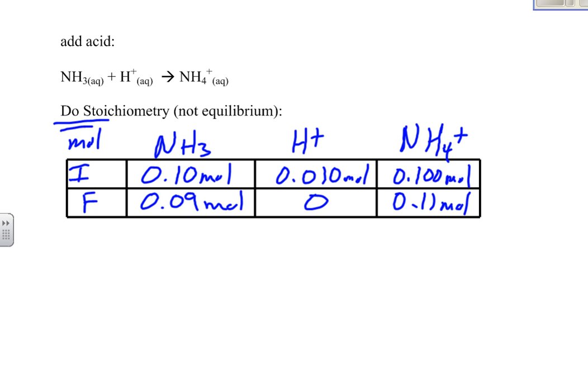We'll do the same thing again. We'll divide by the 1.0 liters that we had. And our new starting concentrations then for the ammonia will be 0.09 molar, and new starting concentration for the ammonium ion, 0.11 molar.